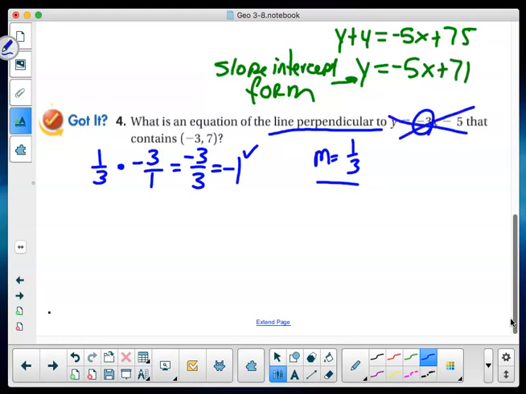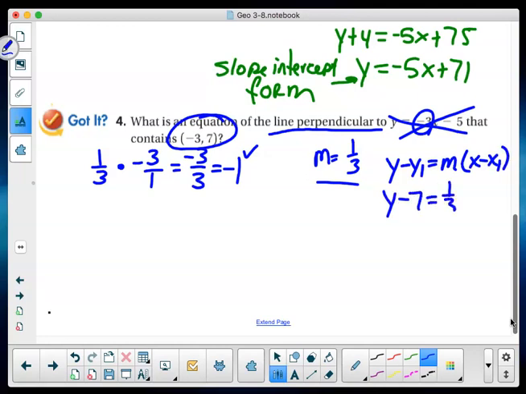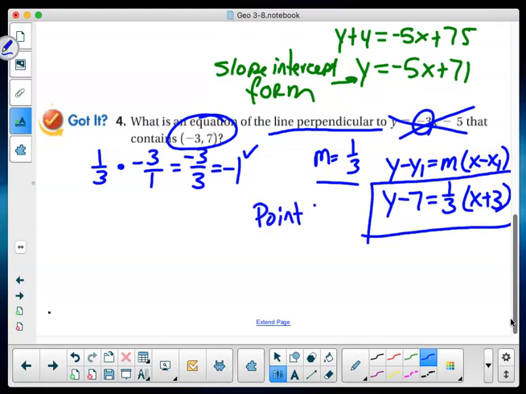Now I've got a point, negative 3, 7, so I put that in my point slope form. And I got y minus 7 equals 1/3 times x plus 3. Now, that is my point slope solution. That is in point slope form.